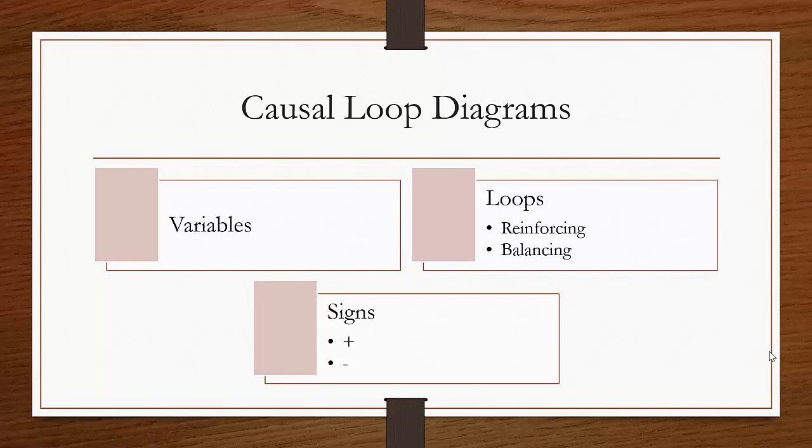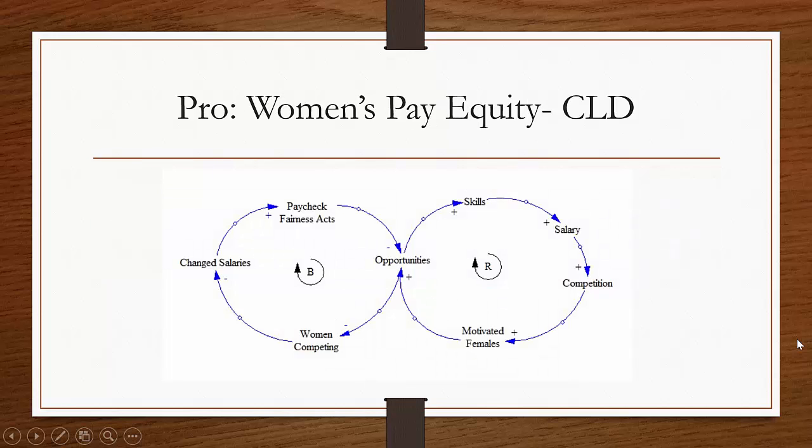Now, with some background knowledge on causal loop diagrams, let's see what a causal loop diagram for women's pay equity would look like. For my project, I have created two causal loop diagrams that are intertwined by the opportunities variable. One is a reinforcing loop with 5 variables where one variable increases the next and so forth.